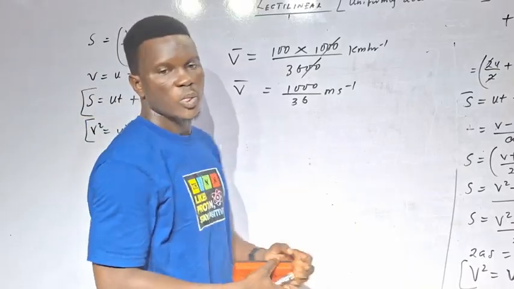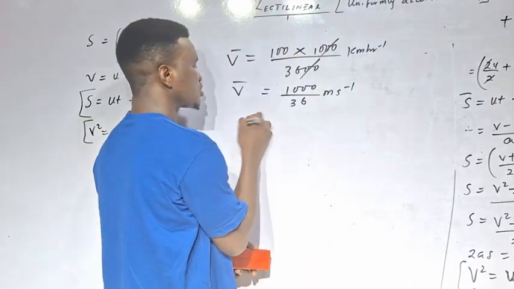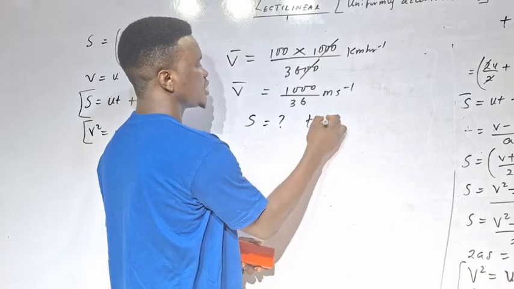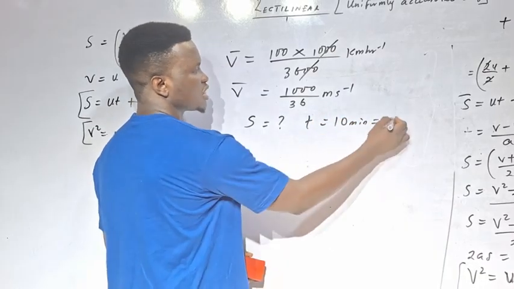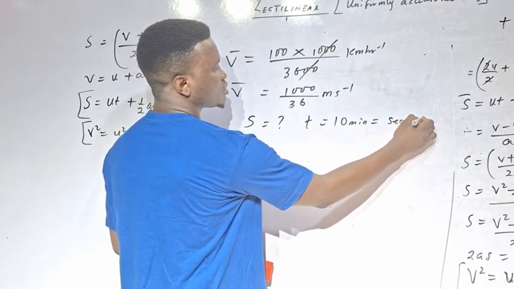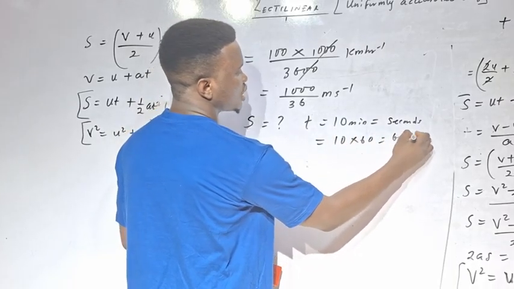So now we already have the average speed. We are looking for distance, so we are looking for s or x, however it is. And we're given time to be 10 minutes. Don't forget, 10 minutes must be converted to seconds. So that's going to be 10 times 60, which is 600 seconds.